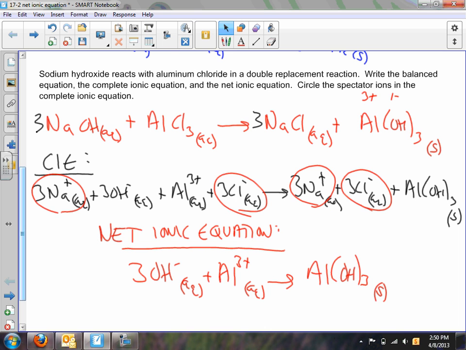So you simply have to find the solid in the balanced equation right there, and the ions that react to form it will give you the net ionic equation.